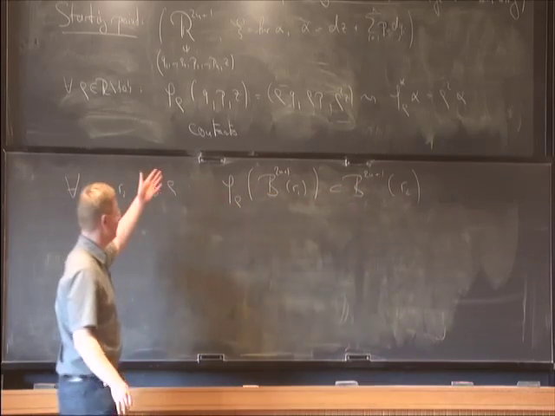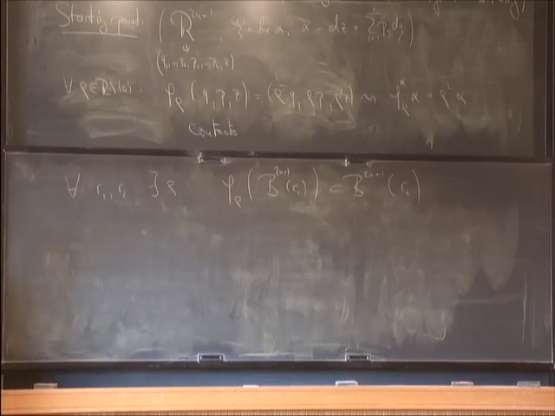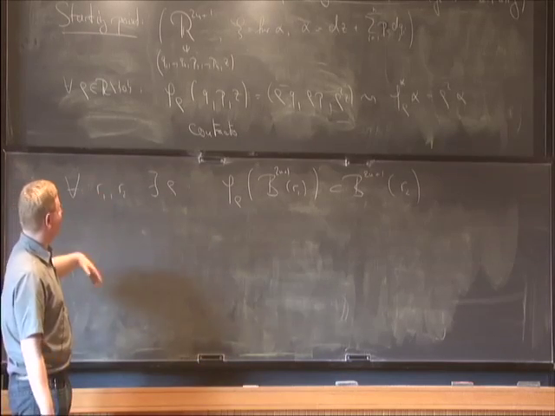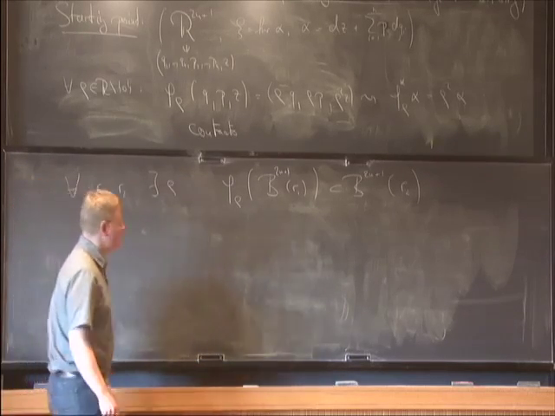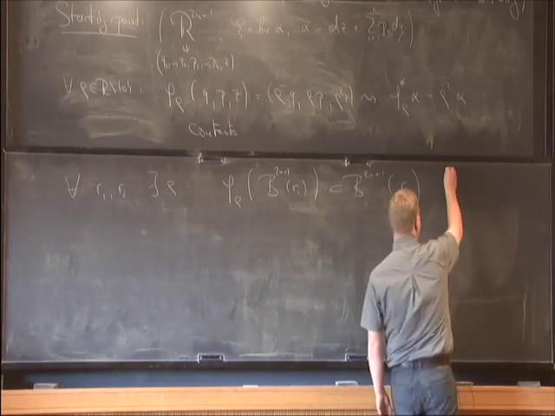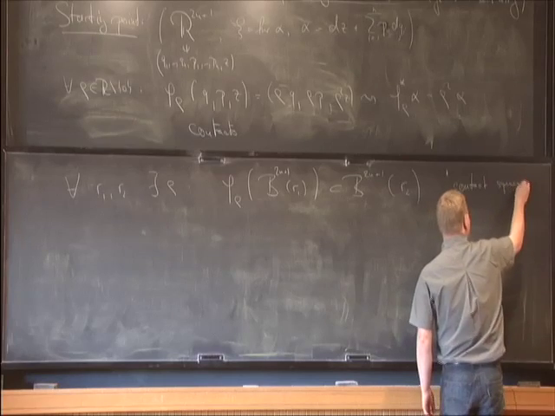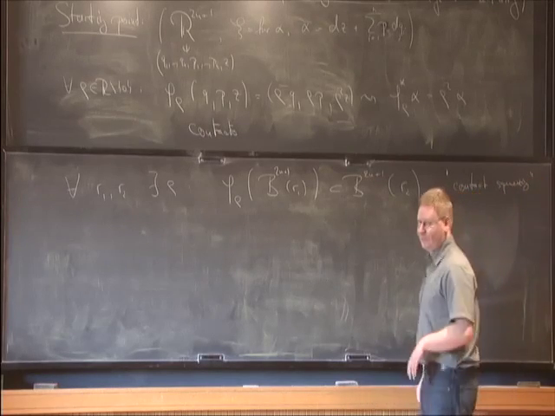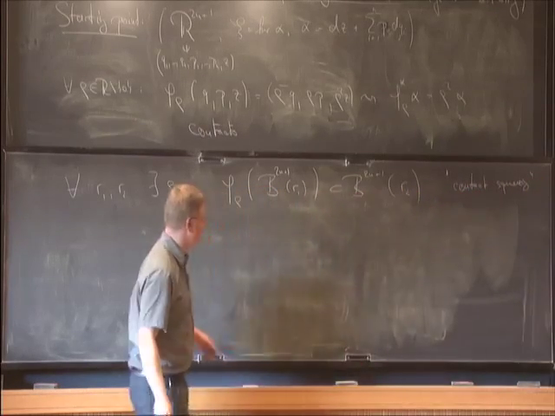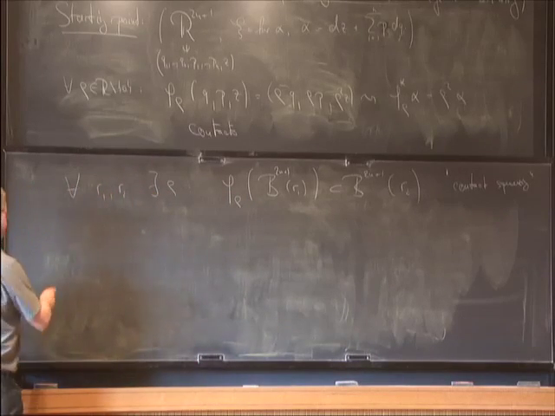Because what does this thing do? It scales just the coordinates, while the z coordinate is scaled by a different amount, but that doesn't matter. So if you want to get something small, you get something small. And if you want, you can call this contact squeezing. It's squeezing in the worst possible sense, because you get any large ball into any small ball.